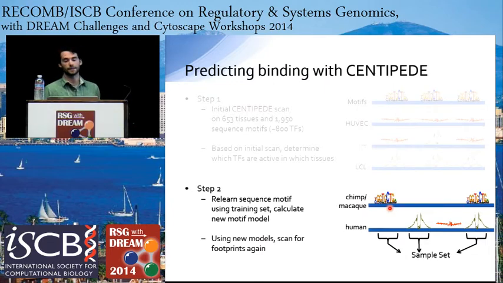The reason for this is we didn't want to bias our new motif models by using just the best footprints. We wanted to add some degeneracy, and we figured this is a much better way than just randomly permuting the bases. Then with these updated models, we scanned the whole genome for all of the matches, and we did all of the footprinting.